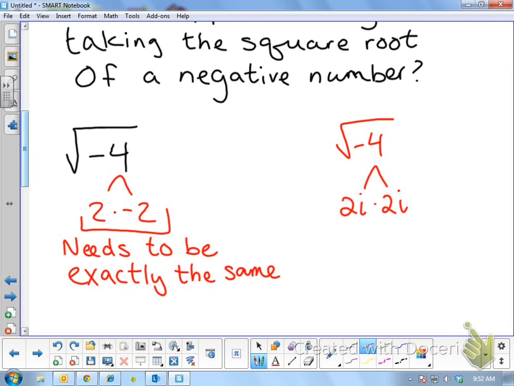So they said, well, that's exactly the same, so it fits our requirement of having a perfect square. So square rooting means you can multiply something by itself that's exactly the same. In order for us to understand why that worked, we need to know what an imaginary number is. What did they define an imaginary number to be?